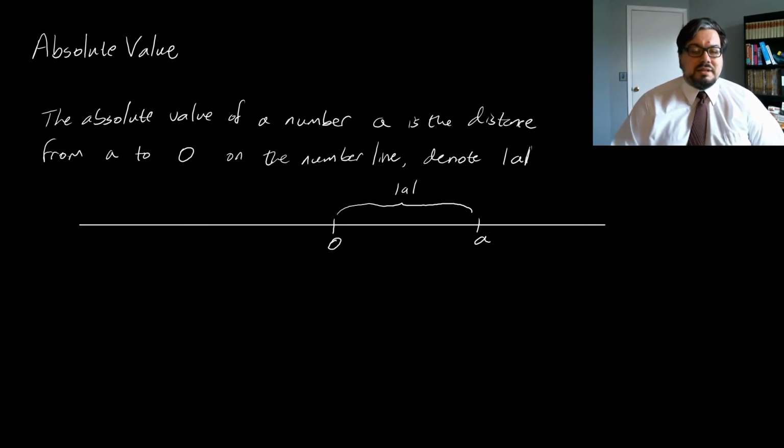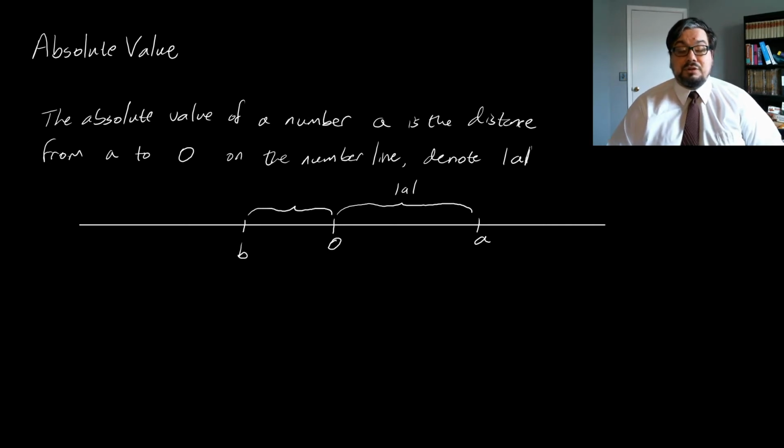And the point here is that it doesn't matter whether the number you're looking at is greater than or less than 0. The absolute value is always defined as the distance from that number, A or B here, to 0. In particular, the absolute value is never a negative number because negative distances don't make sense.